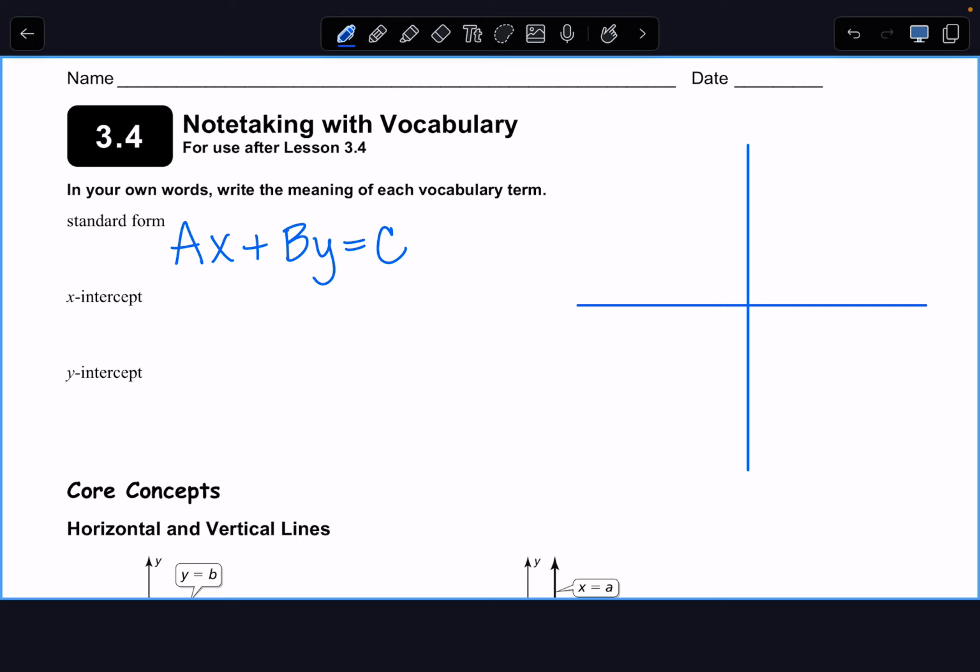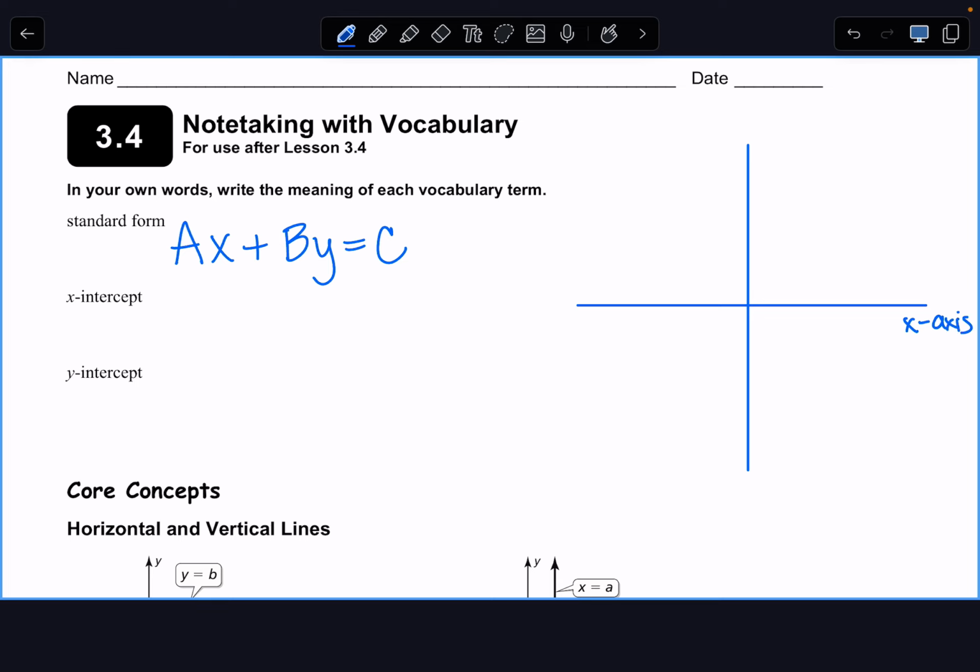It hit me. So when we talk about an x-intercept, what do you think is happening to the line? It's crossing over the x line, the x-axis.